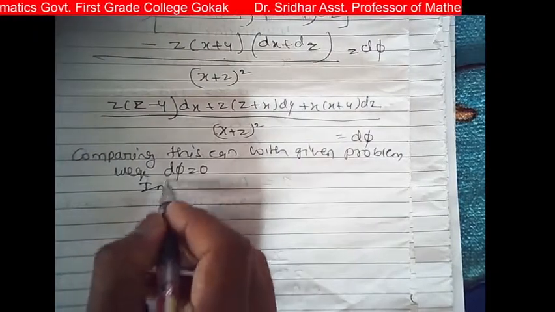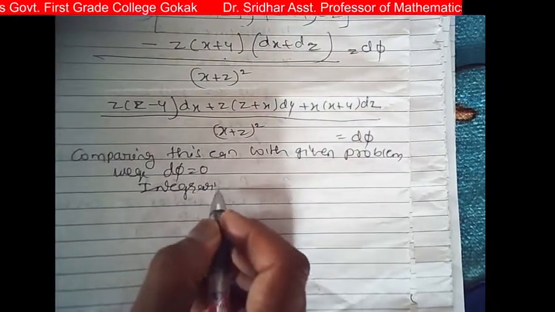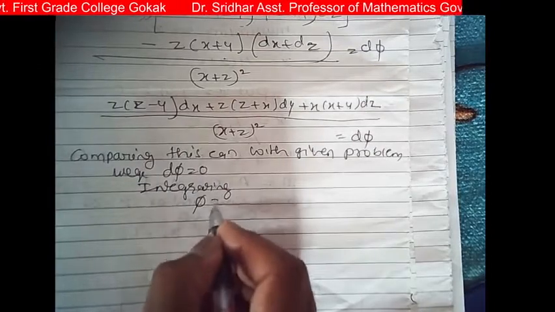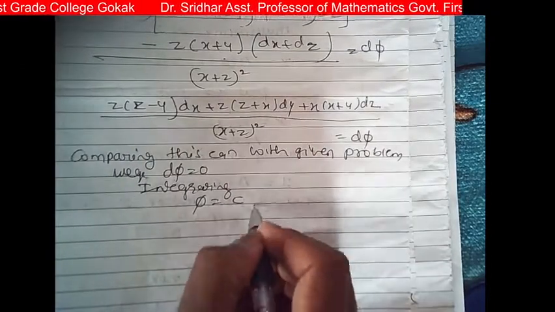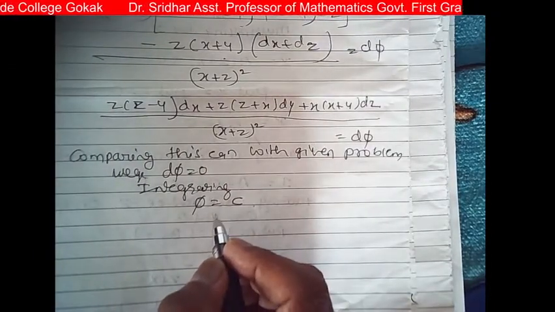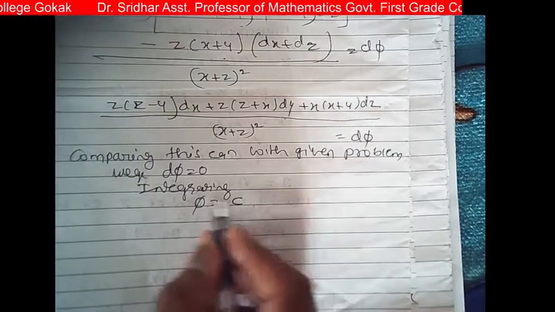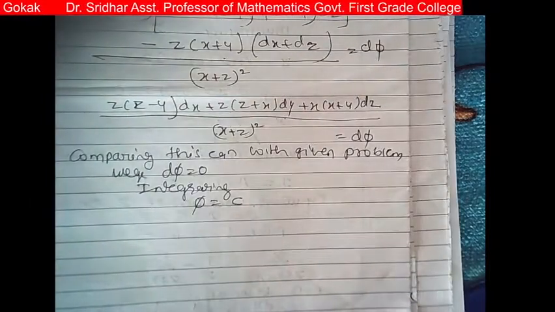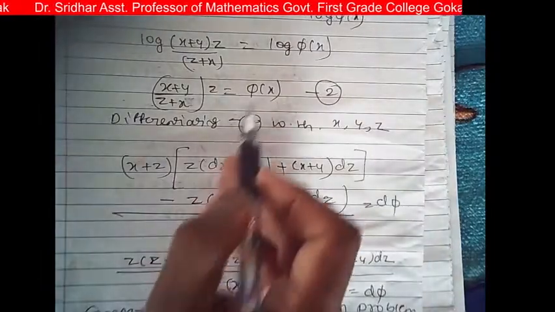So integrating, phi is equal to a constant, that is c. So substitute this value of phi where? In equation 2.